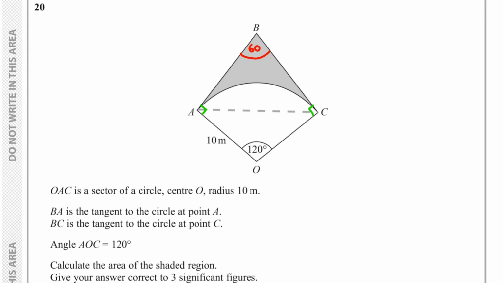So we've got 60 degrees here, and if I split this shape up into two equal parts like this, because this angle is 90 degrees, and we know already that angles in a triangle sum to 180, and we also know that this side here is 10 meters.